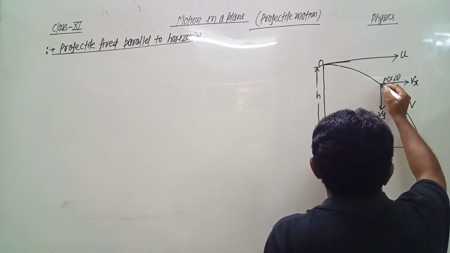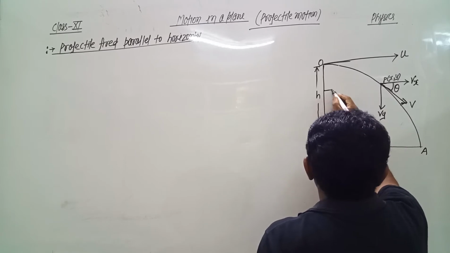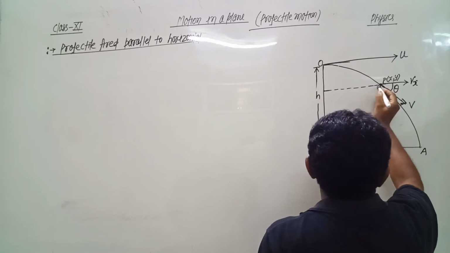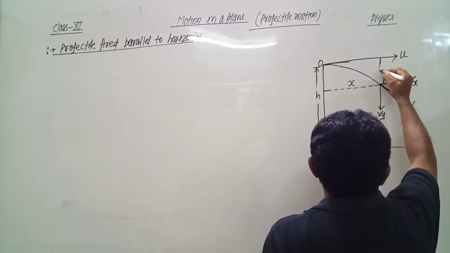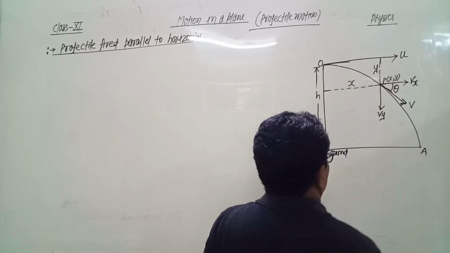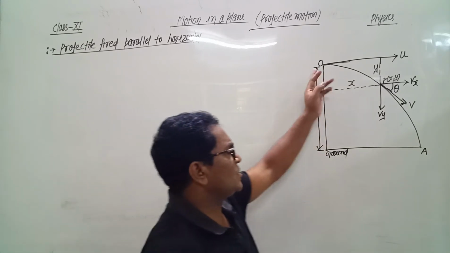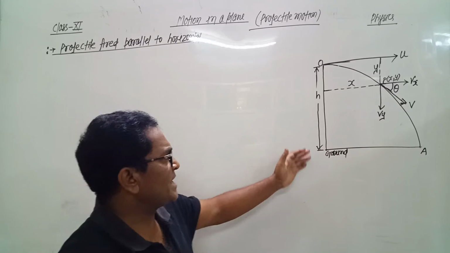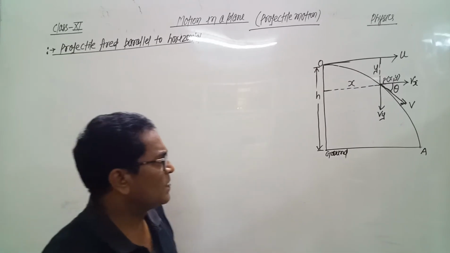So the coordinate of point P is x, y. It means after time t, the horizontal distance travelled by the particle is x, and the vertical distance travelled is y. A body is projected horizontally from point O at a height h from the ground with velocity u.